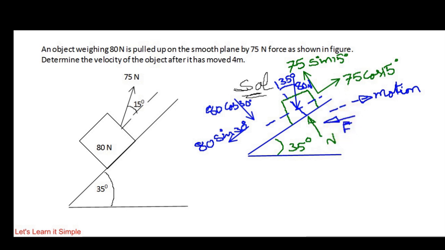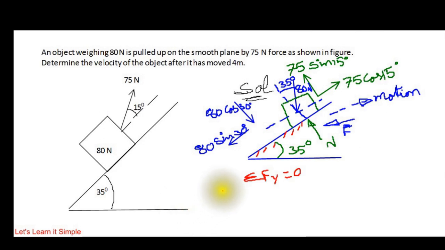Okay. Now after drawing the free body diagram, let us apply the condition. The condition of equilibrium, sigma Fy equal to 0. So we have normal reaction N acting up, then another force 75 sin 15 acting up.